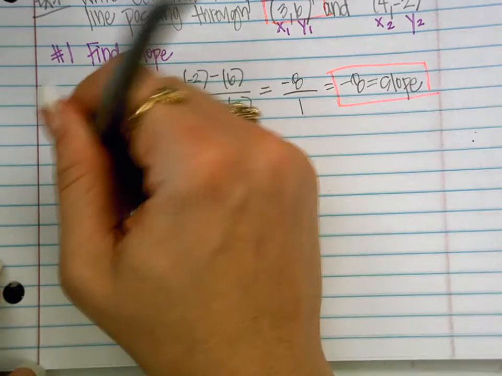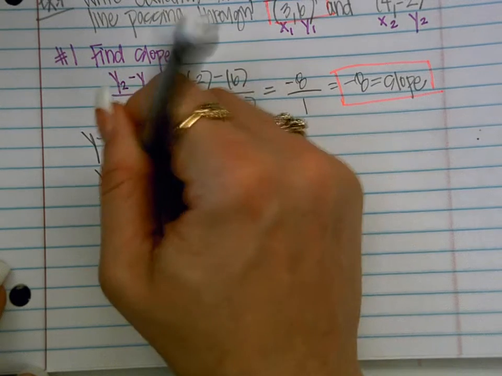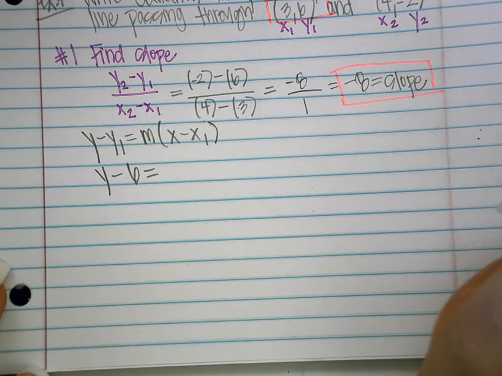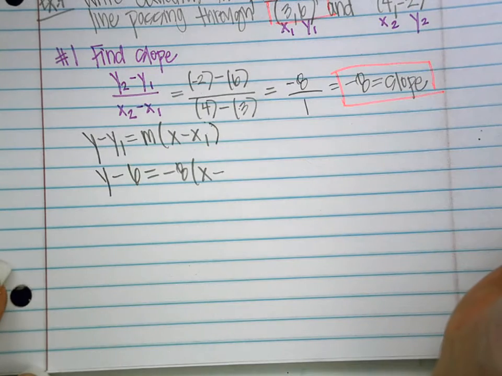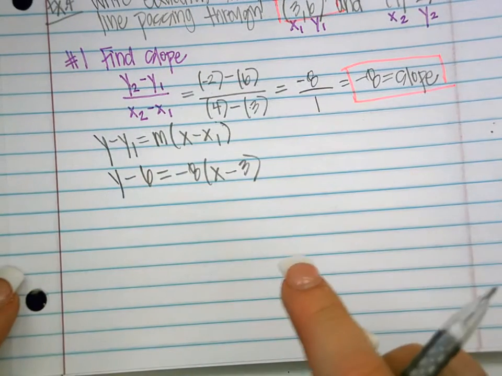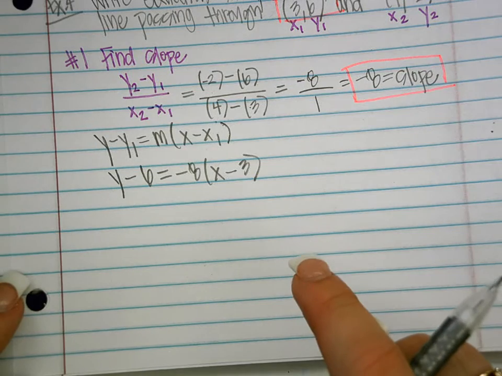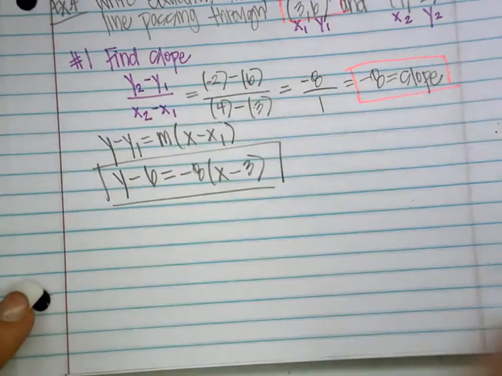So y minus, what's your y1? 6 equals, what's m? Negative 8 times x minus, what's x1? 3. That is the equation written in point slope form.